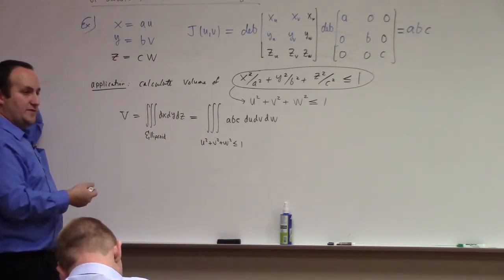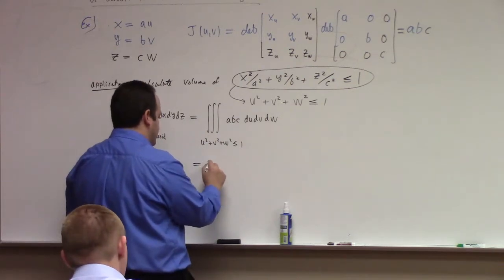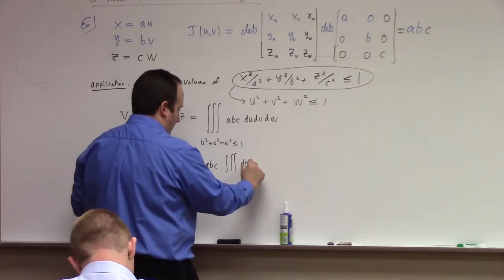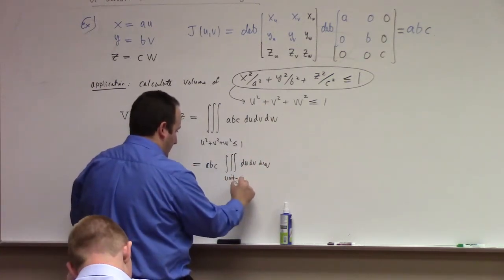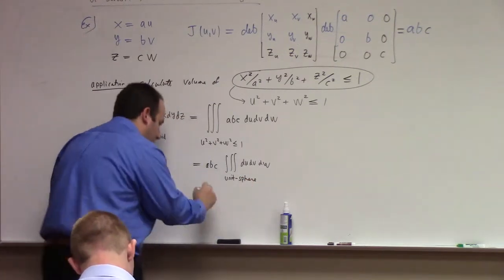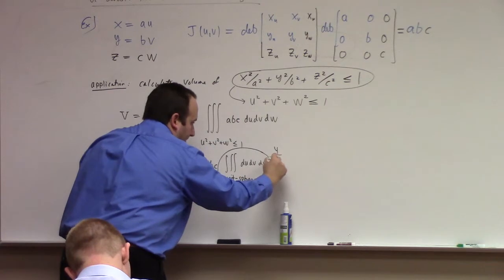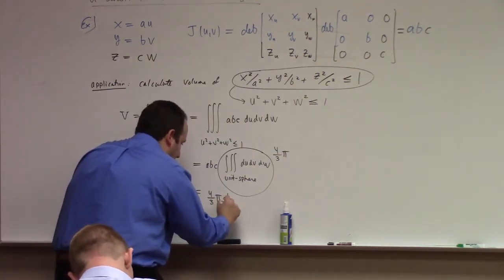abc is a constant. It pulls out, and you're left with what then? So this works out to 4/3 pi. So you get 4/3 pi abc.